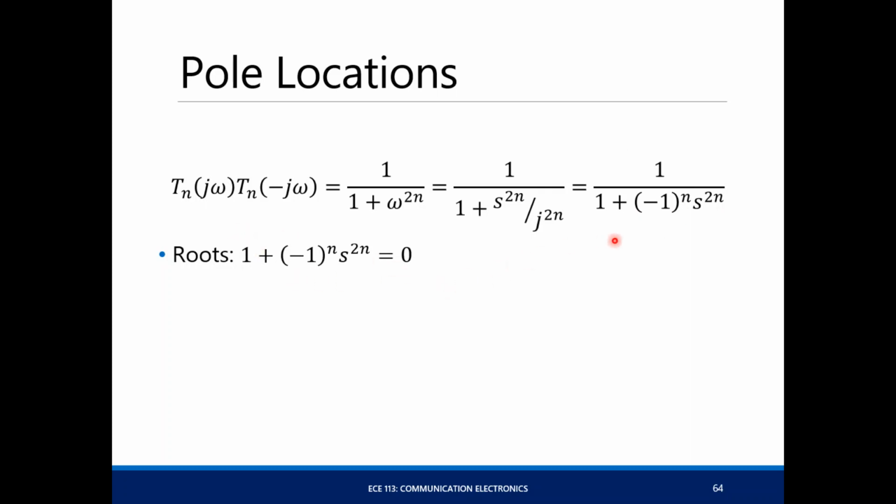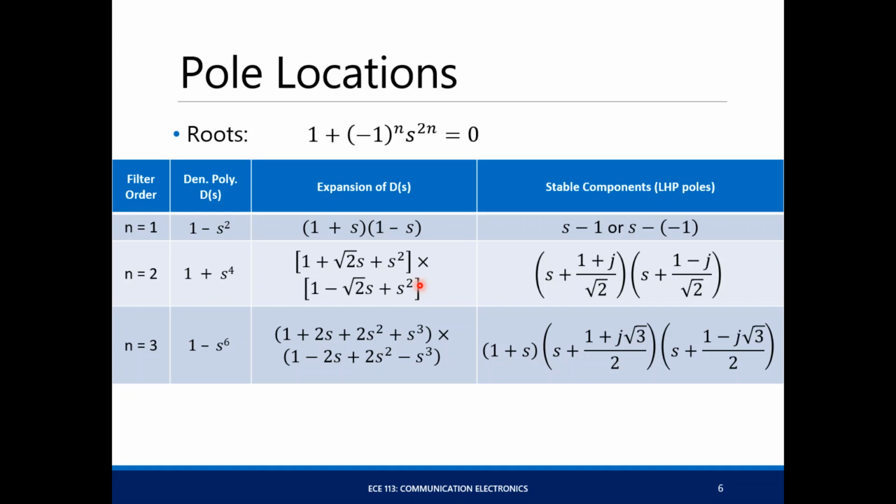The roots are located where this is 0. So depending on the order of your filter, your roots will be located differently. If we expand this polynomial, let's say the order is 1, order is 2, order is 3, we get these expressions respectively.